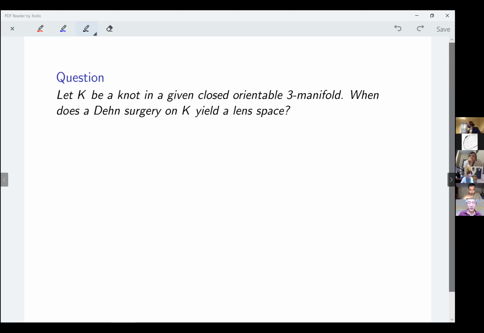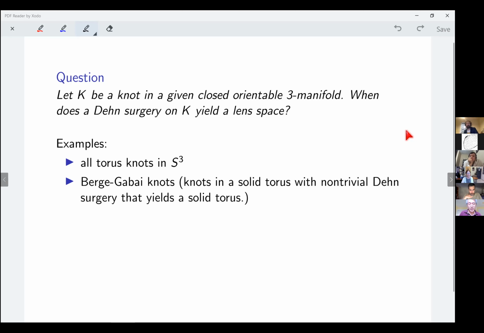So let me give you some examples. For example, all the torus knots have this property, and also the so-called Berge-Gabai knots also have this property, and those are knots that lie in the solid torus, and they admit non-trivial surgeries and produce a solid torus.